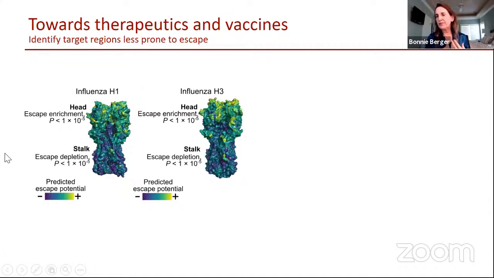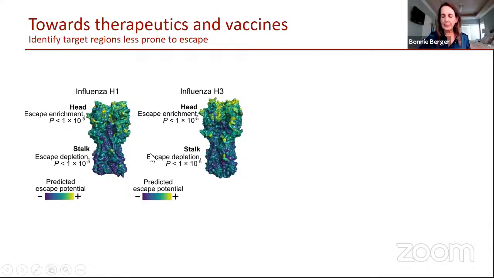And the idea is, if we target those, like people are doing to develop antivirals for flu, then maybe that will apply to all flu strains or all surface proteins on influenza, because we're targeting regions that are less prone to escape, and therefore we might be able to universally target the viral proteins. So here we see that the stalk region has low escape potential, whereas the head region in both influenzas has high escape potential.